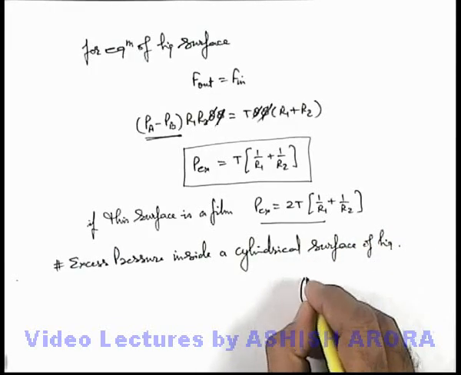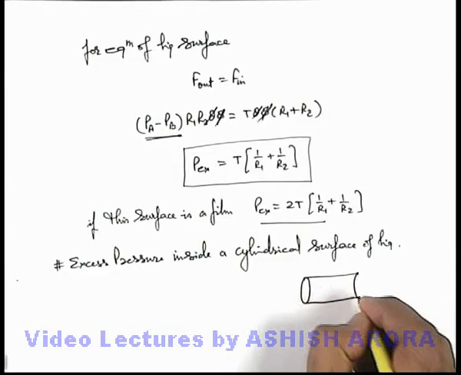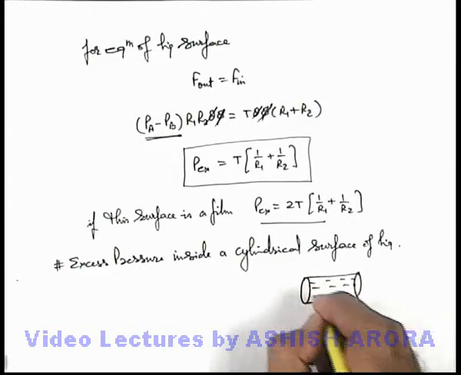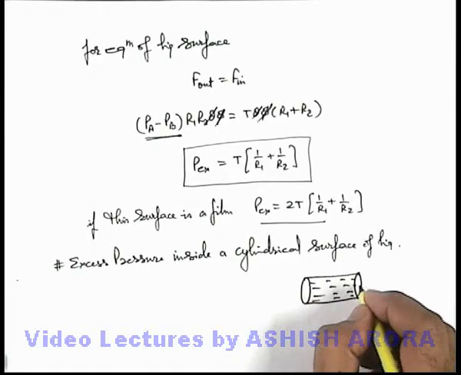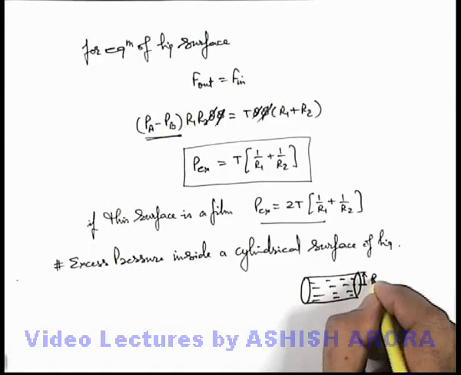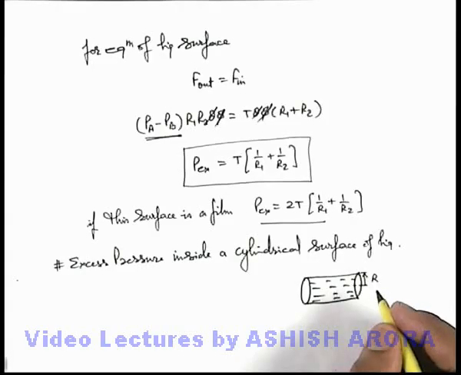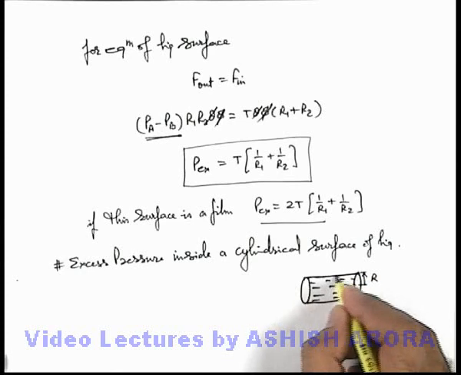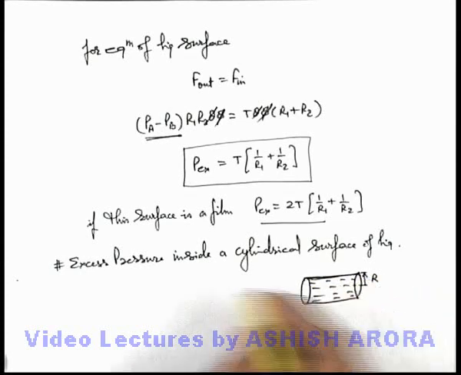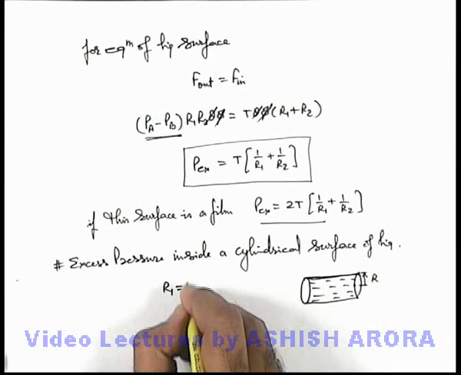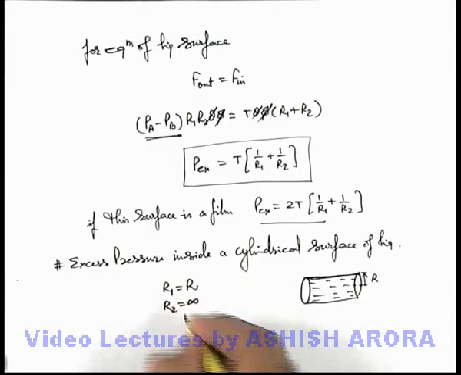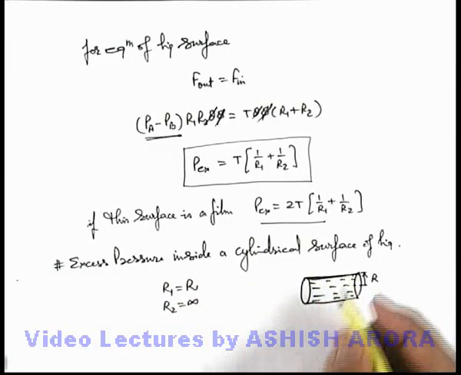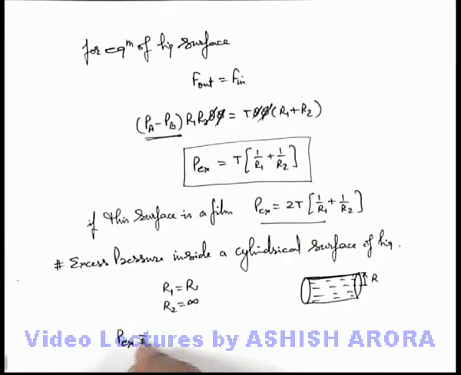Say we have a liquid in the shape of a cylinder, where the radius of curvature of the lateral part of the cylinder is R. In this situation, one curvature is R and the other surface is flat, or the other curvature is infinite. So we can take r1 equals R and r2 equals infinity, because the surface is flat. So the excess pressure can be given as T into 1 by R plus 1 by infinity. So this will be T by R.